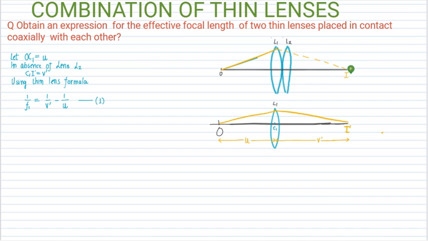So this is your image distance V dash. This is your object distance u.